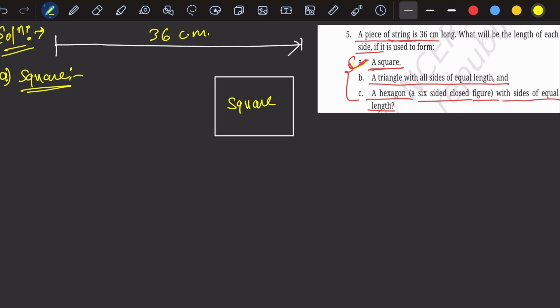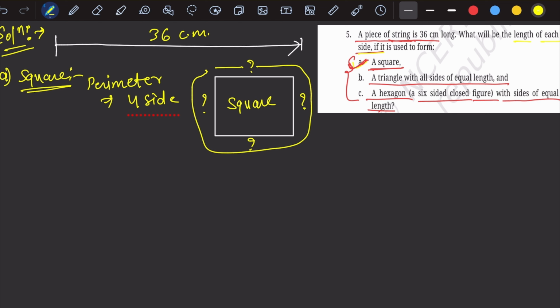Now we have to find the length of each side. We have to find this one, this one, this one, and this one. Now we know the perimeter of a square equals 4 into side. If we take this string to make a square, then the length of this string will automatically be the perimeter of this square, and this total length will be 36 centimeter.